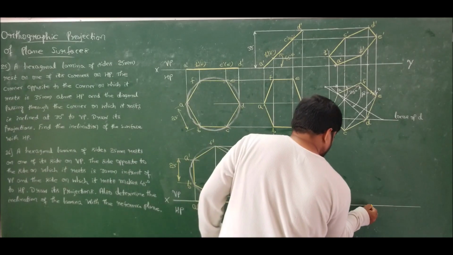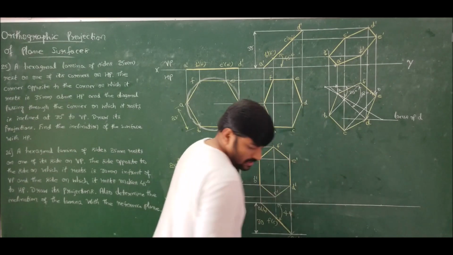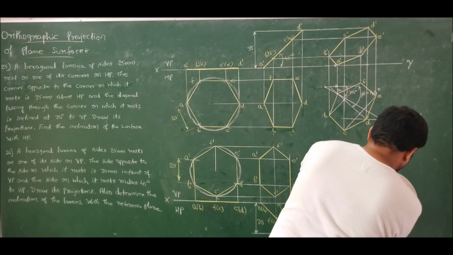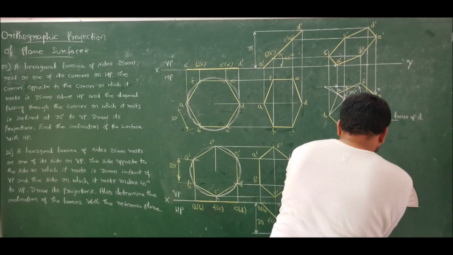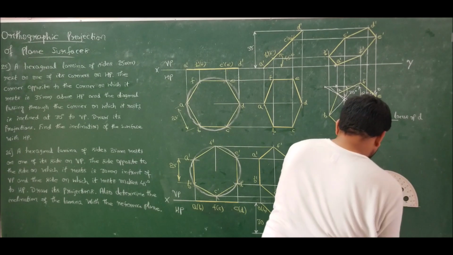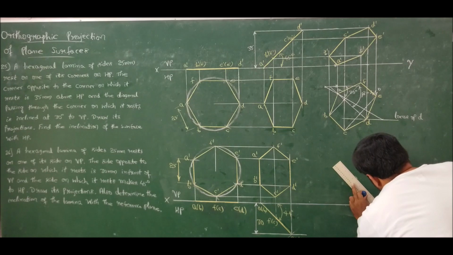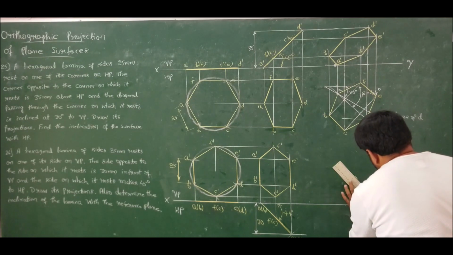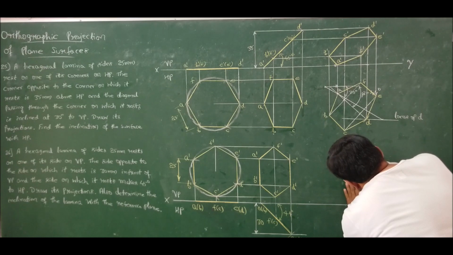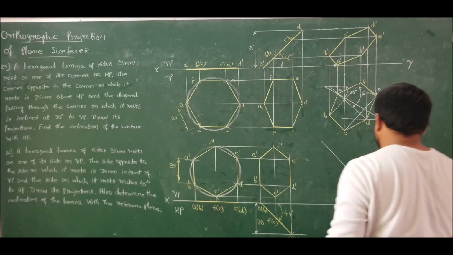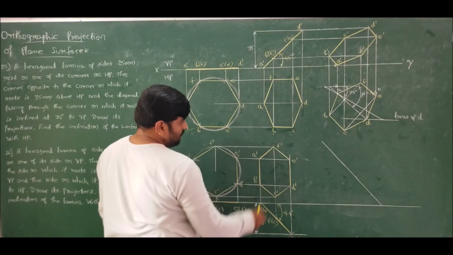So for which I will measure a 45 degree line. Now draw the 45 degree reference line. Drawn. On this 45 degree line, AB should come and sit.